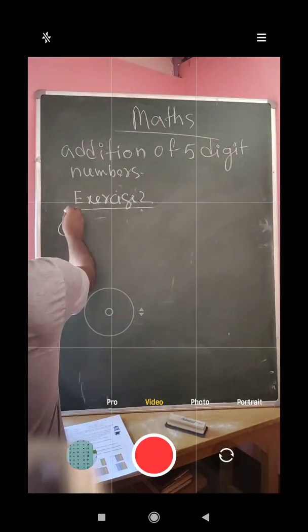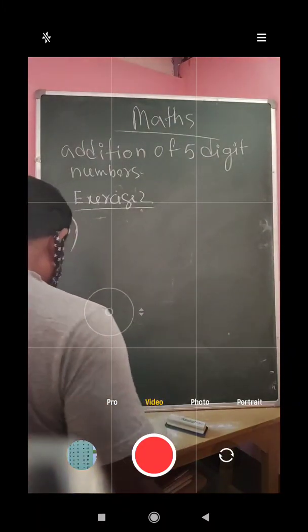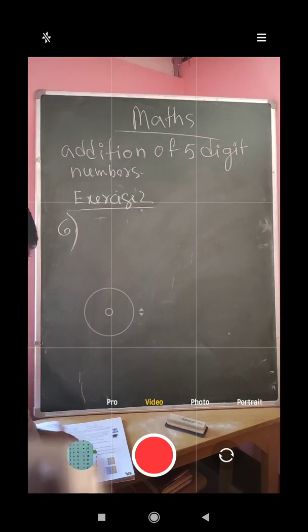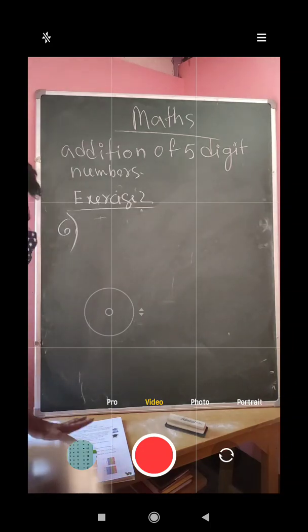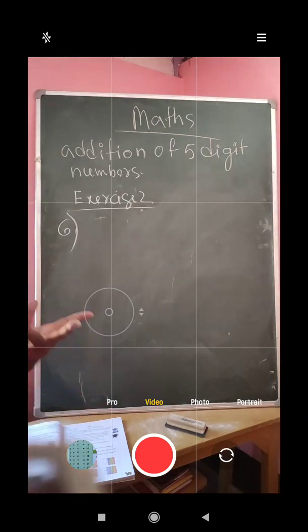So what has it given in number 6? In a town there are 34,560 men, 32,169 women and 9,876 children. So what is the population of the town? That means you will have to know the total. Total in the sense you will have to add. It is simple.